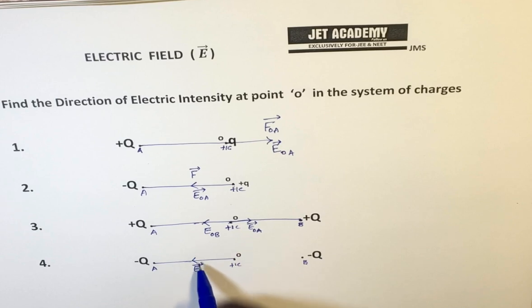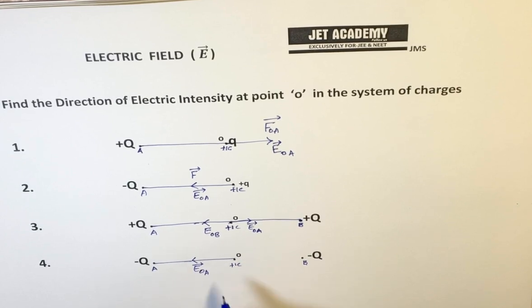Now onwards I am not going to represent F, it is understood. The only notation is at O due to A. Similarly, at O due to minus Q, which is at point B, along the line joining, plus 1C is attracted towards this one, and this is the electric intensity at O due to B.